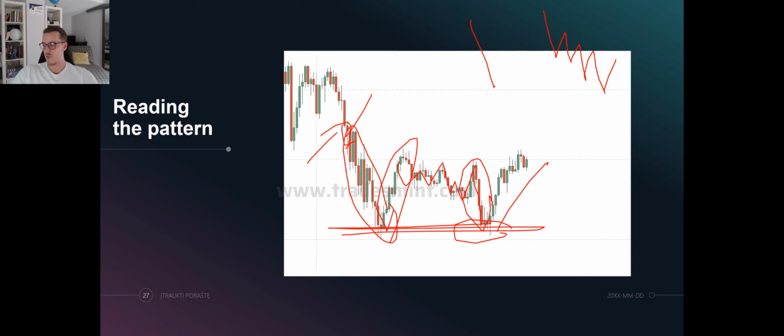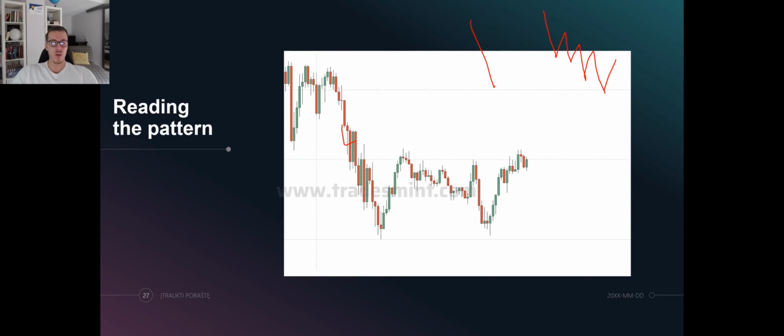So this is how you read the candles. It's not about reading the single pattern, but about reading it as a whole. I want everybody to go on the charts and focus not on the pattern itself, but on the pattern as a whole.